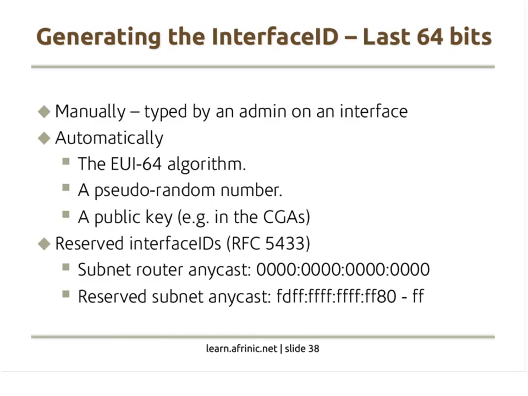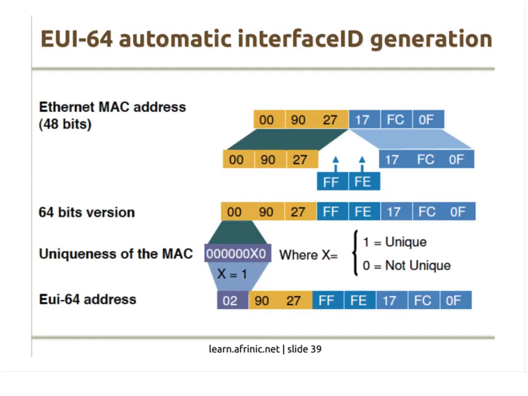And there are some reserved interface IDs that you can read about in RFC 5453, but I won't focus on those right now, just the automatic techniques that can be used to generate the last 64 bits. The most common one is generated by EUI-64, where the last 64 bits are generated from the MAC address.